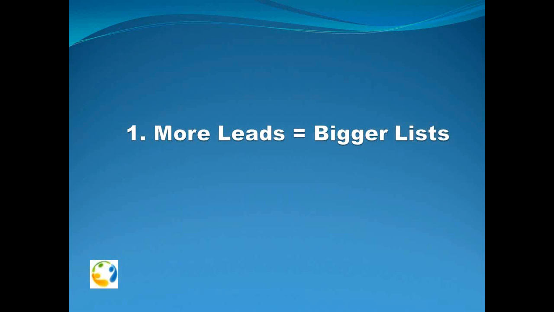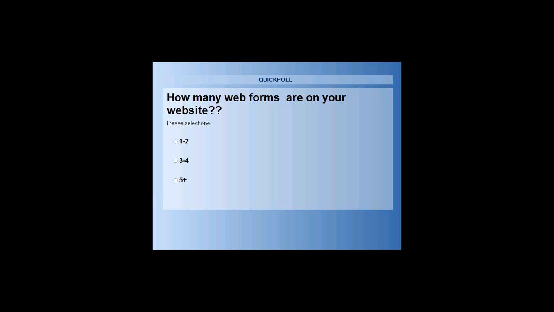I want to take a poll at the beginning of our training and see where everyone stands. We're going to do this poll online really simply. Todd, get us started. Just take your mouse and click on the answer to the question: how many web forms are on your website right now? If you're not sure, just take a guess and select one of the answers.